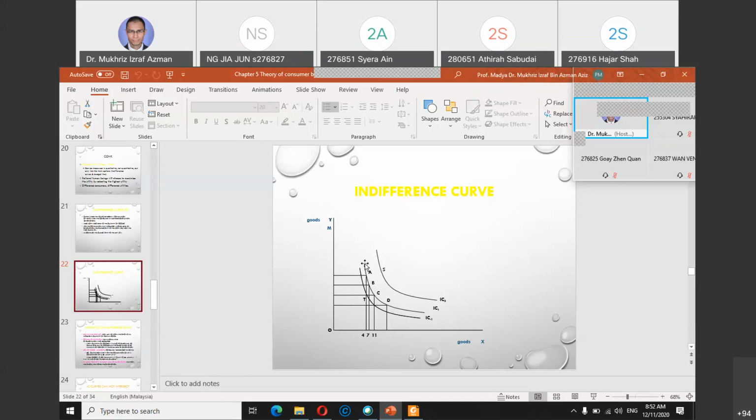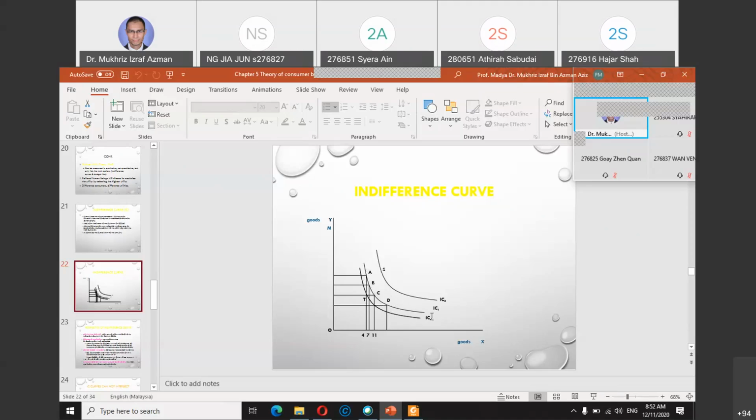But as long as you are on the same curve, the consumer is still gaining the same amount of utility. This is an important point that you need to understand. Along the same curve, the amount of utility is the same, regardless of whether you consume more X and less Y, or more Y and less X. The total utility, TU, that the consumer gets remains the same.